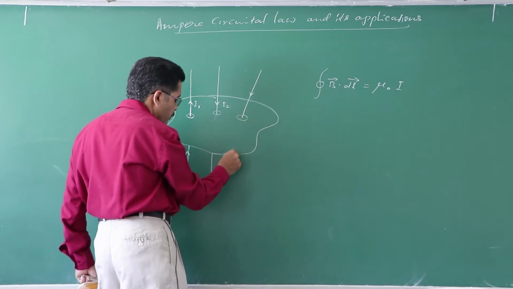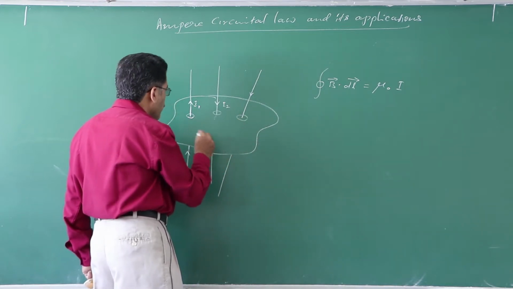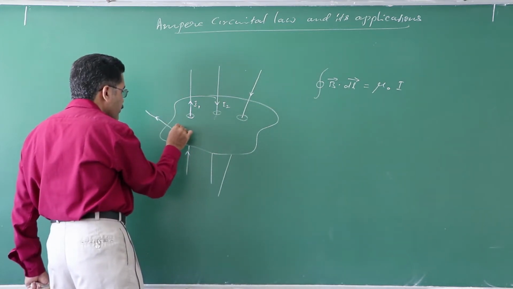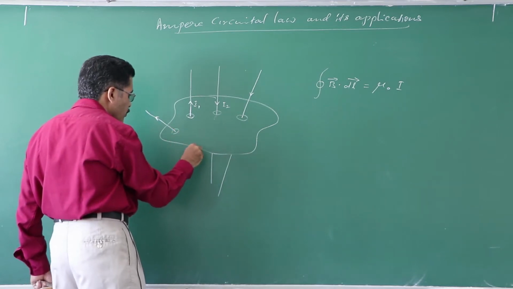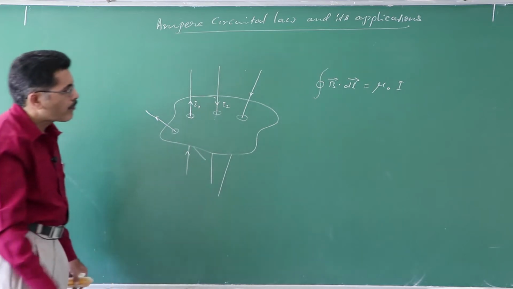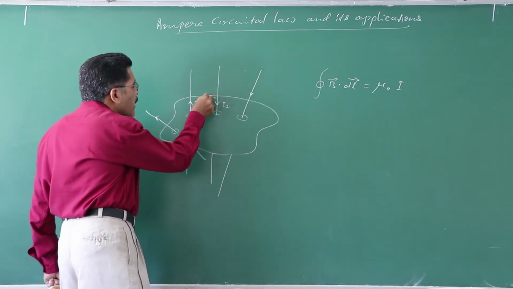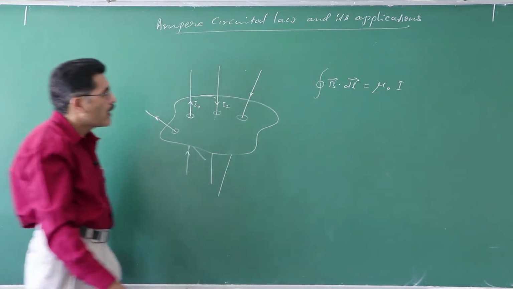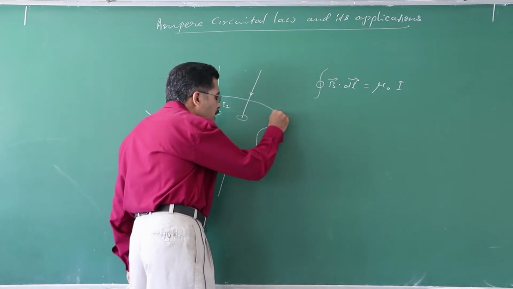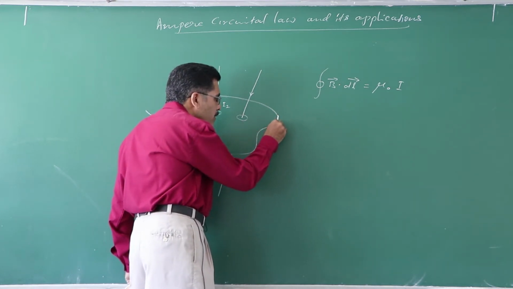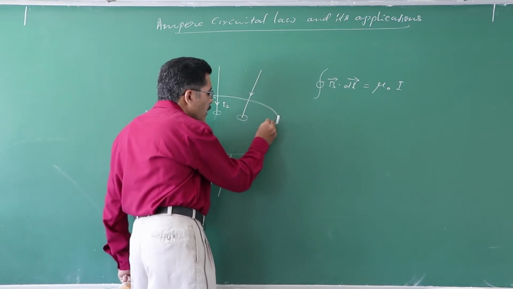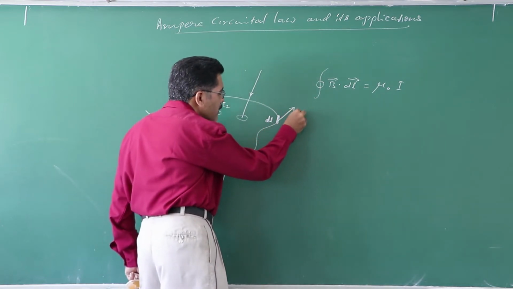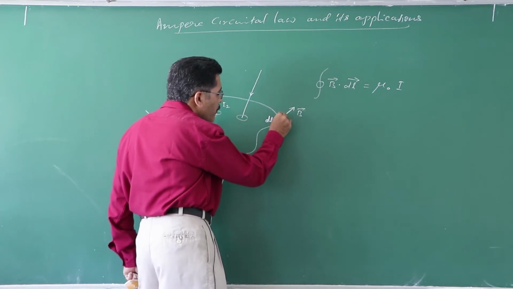This is I3. This is I4. And let this be a boundary which is enclosing all these currents. I just take an element dl here, an element dl, and the magnetic field is acting in this direction. Let the angle between them be theta.